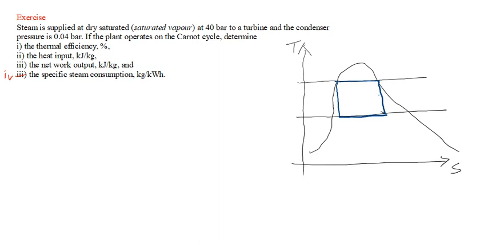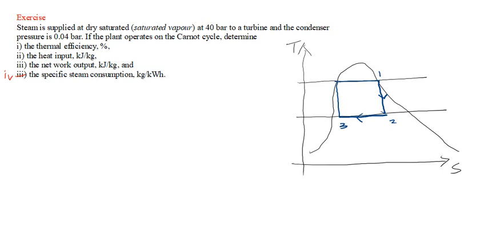So this is the downward expansion process in the turbine, isentropic expansion. So this is state 1, this is state 2. And then we have our heat rejected in the condenser, which represents the isothermal compression process, 2 to 3.